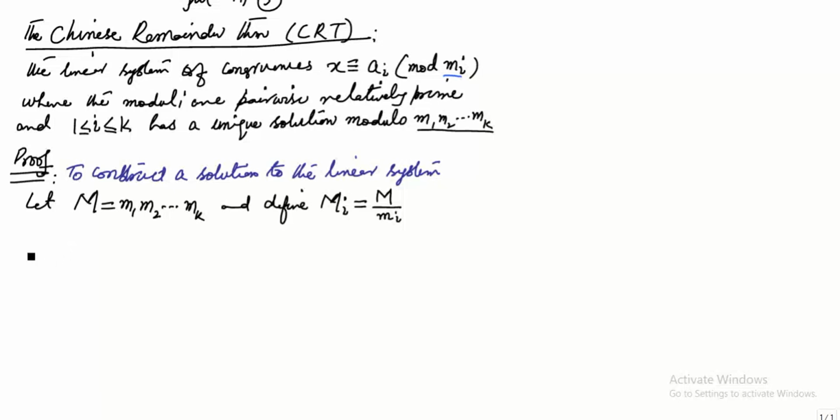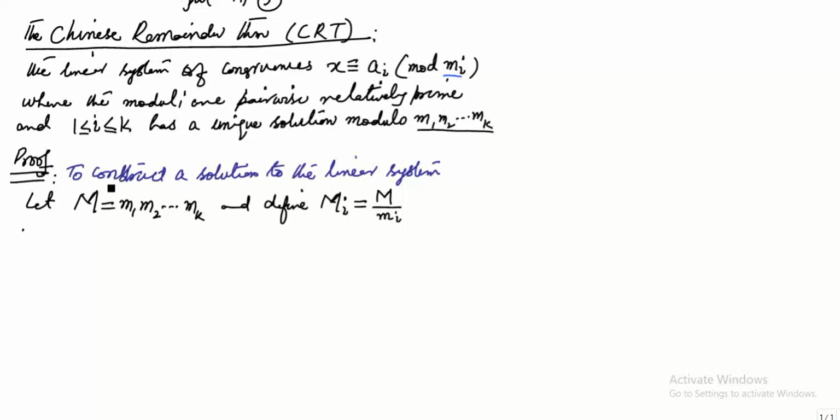Now if we look at the congruence, x is congruent to ai modulo mi.